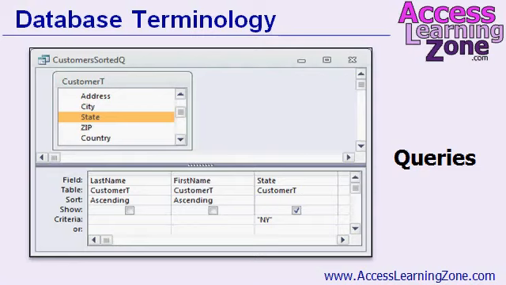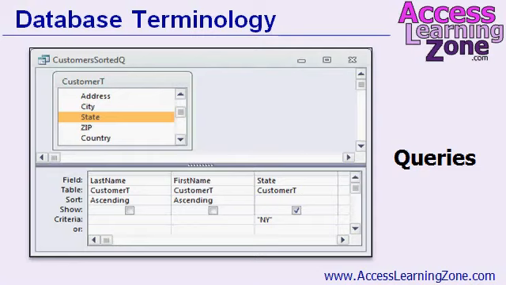Now the data in your tables might not be stored in any particular order. You might have hundreds of thousands of records in your table, and the boss comes up to you and says, "I only want to see a list of customers from New York sorted by last name." That's what a query is used for. A query is normally used to display data in different ways.